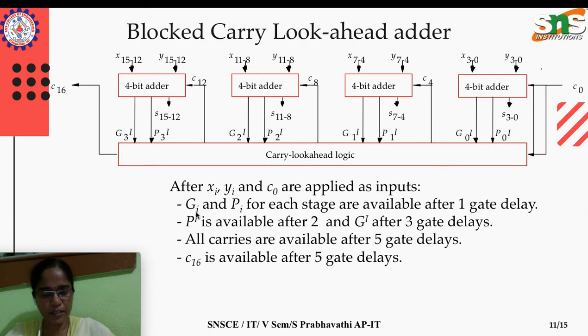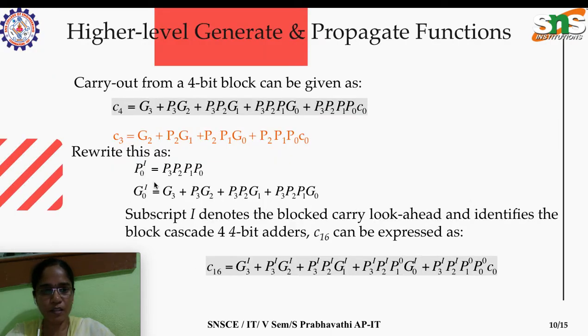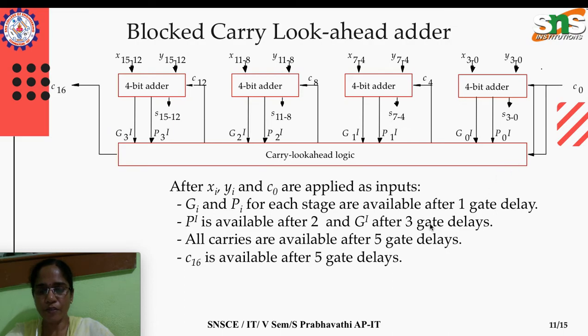So the block GI will take three gate delays, because it depends on G lowercase I with one gate delay, and it takes two more gate delays for these AND and OR operations. So totally 3 gate delays, and overall 2 plus 3 is 5 gate delays. At any cost the carry will be generated at 5 gate delays for the 16 bit carry look ahead adder.